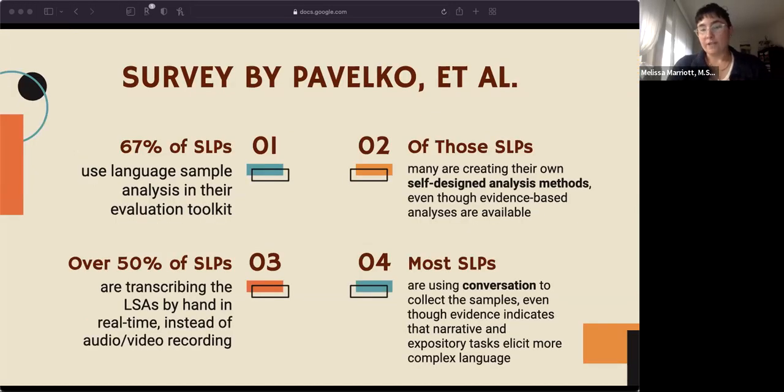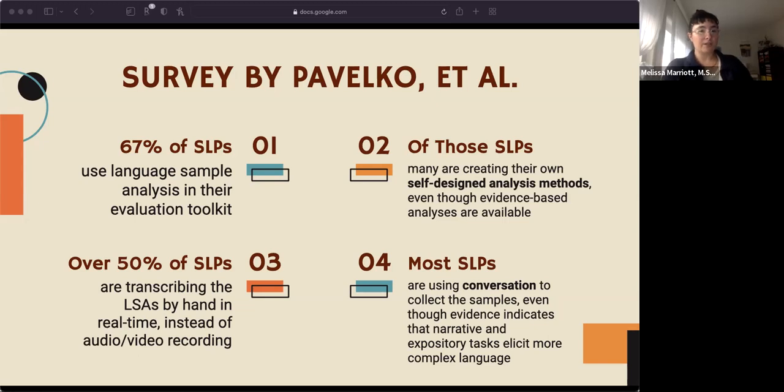Stacy Pavelko and her team surveyed over 1,000 SLPs working in school settings about their use of language sample analysis. So again, for decades in our field, it's known that language sample analysis is one of the best, if not the best, measure for distinguishing difference versus disorder versus typical language development.